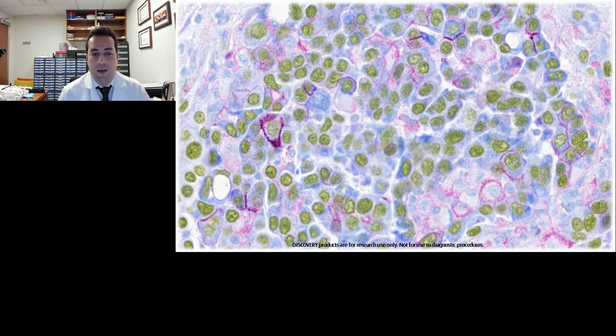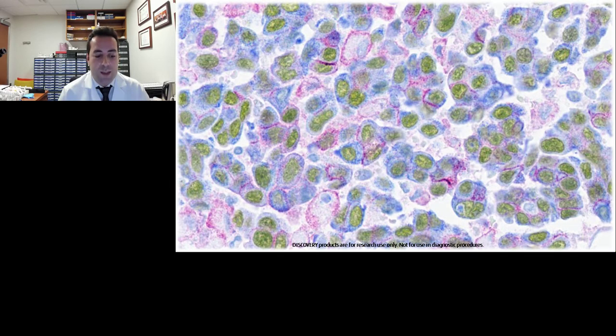Now the tumor cells are highlighted both with yellow staining of TTF1 and blue cytoplasmic staining of cytokeratin. Blue cytoplasmic staining of the cytokeratin makes it easier to detect the red membranous staining of PD-L1.